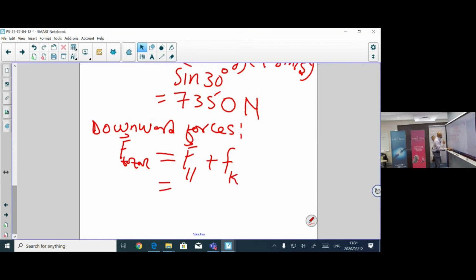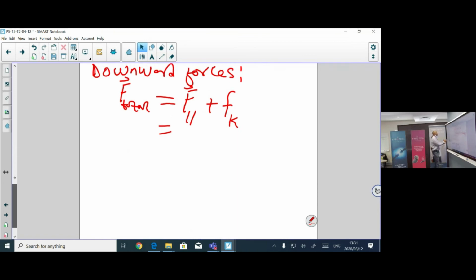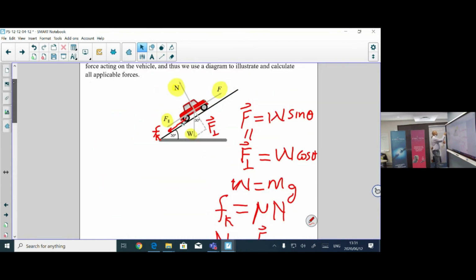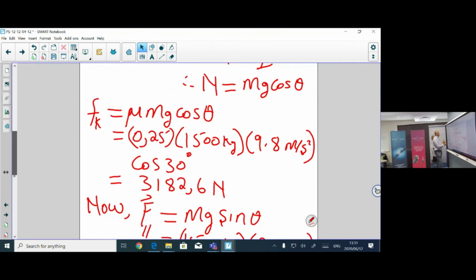We have to add them because, if we look at the force diagram, all of them are pointing in one direction. That is why I'm adding these two.